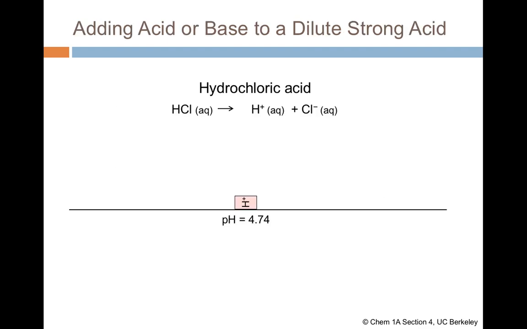I do want to emphasize that these buffer solutions need to be created using a weak acid. Yes, you can still get a pH of 4.74 by using a very dilute strong acid, but this pH will not be very easy to maintain.